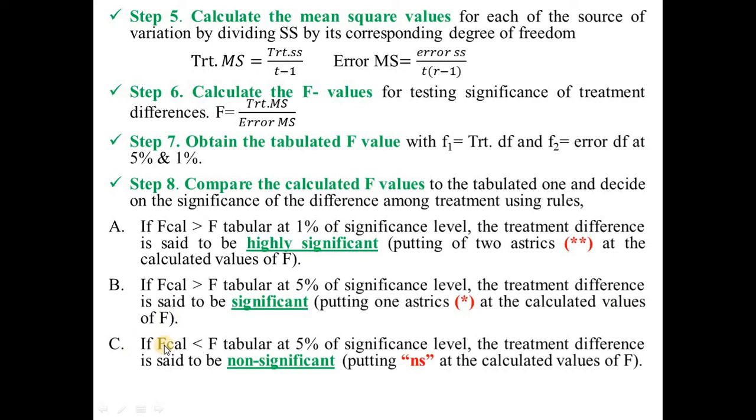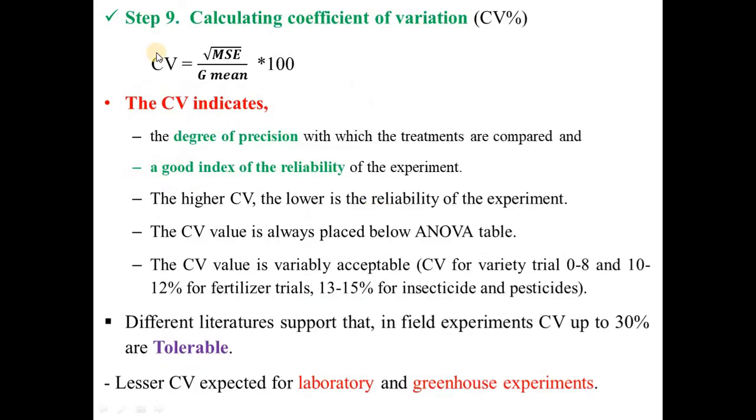Whereas if the calculated value is less than the tabular value at the 5% significance level, the treatment difference is said to be non-significant, and you use the designation NS at the calculated value of F in the ANOVA table. And the next step is calculating the coefficient of variation.